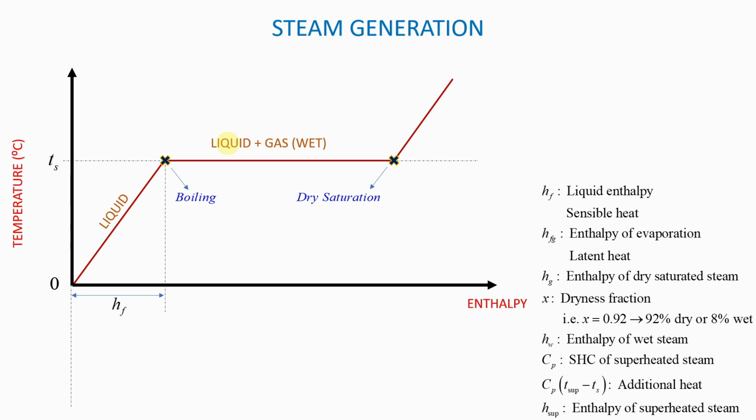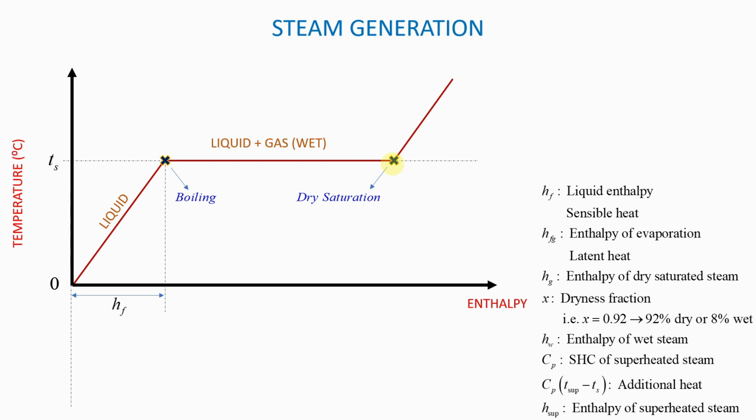So now what you will have is a mixture of liquid and gas. And that is why we say that the steam is wet. And then if you continue to add heat, you will eventually reach a point where you no longer have any liquid. Now, all the liquid will be turned into gas, and this gas is going to be dry. And that is the point of dry saturation.